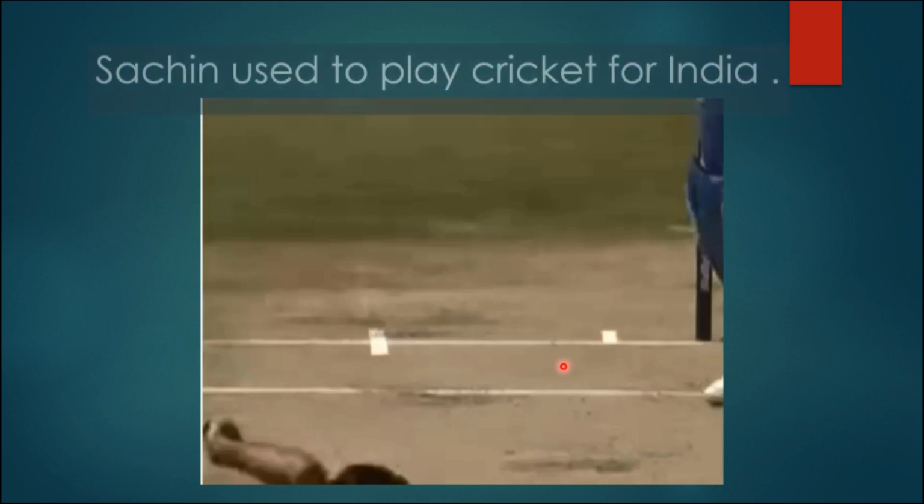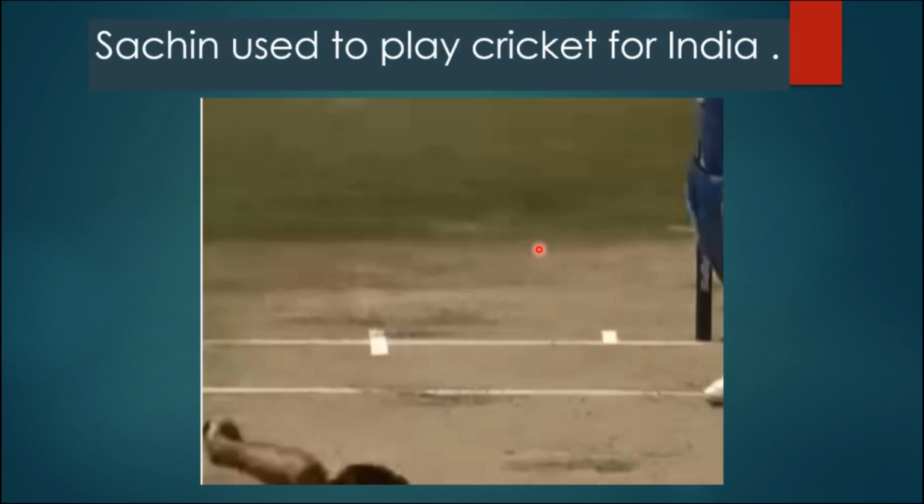Across the world, there are millions of fans of him. Children, please answer my question. Does he play for India now? No. Once he played for India, but he has retired. So, if you want to express such kind of expressions, Sachin used to play cricket for India.